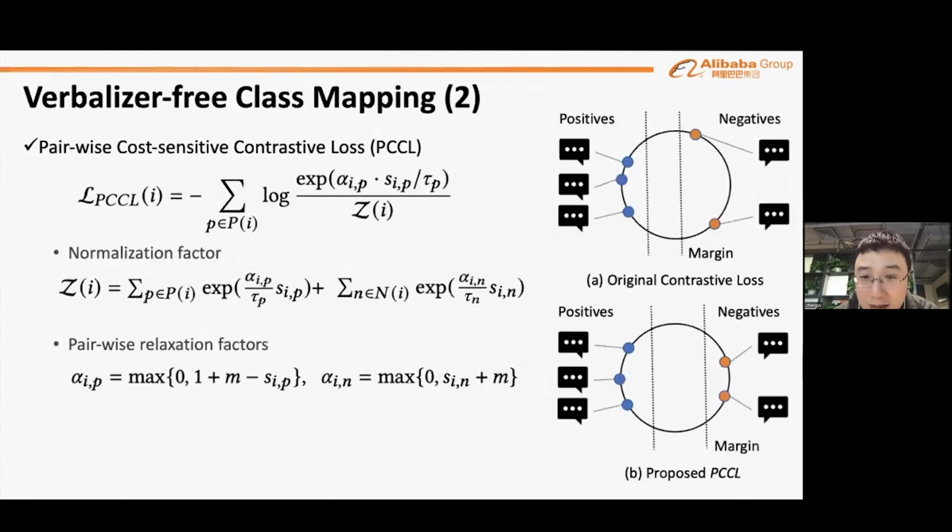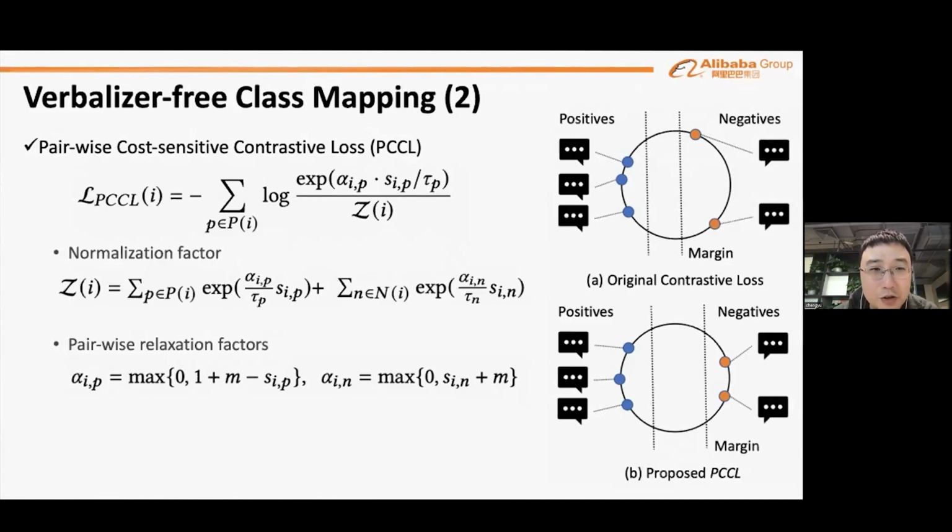Another problem is that we only minimize the distance of positive examples, so all the positive examples are pushed to a very small and very dense region. So the generalization ability of the model is likely to fail.